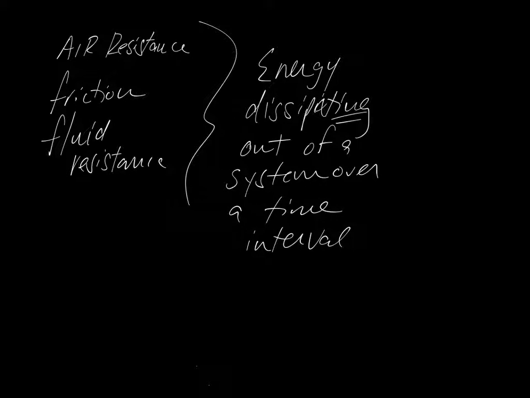So this is in the middle of your energy flow diagram. And the symbol we use is EDIS. It stands for energy dissipating. Anyway, I hope that helps. And those are the basic places we can store energy and the ways in which we can transfer energy into or out of a system.